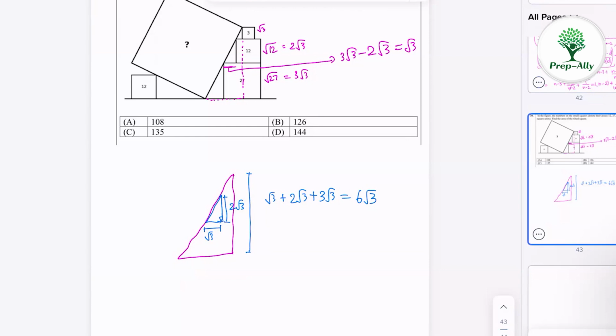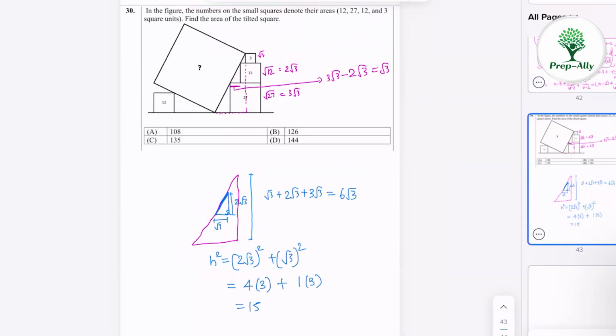So the hypotenuse of this right angle triangle will be, let's just say h square equal to 2 root 3 the whole square plus square root of 3 the whole square, which is 4 into 3 plus 1 into 3, which equals 15.